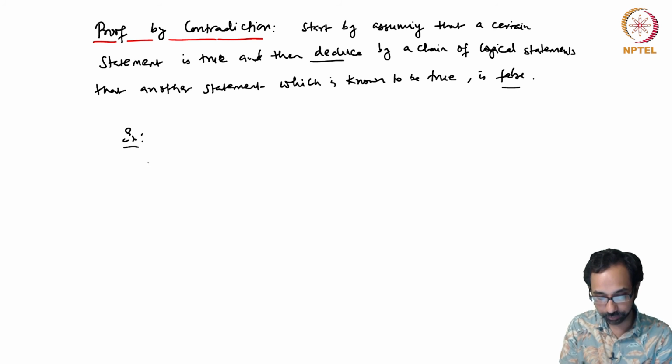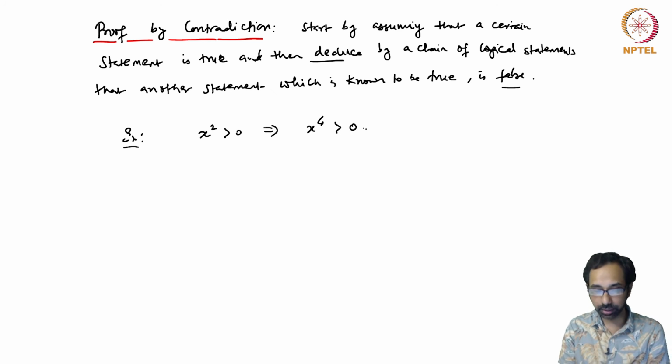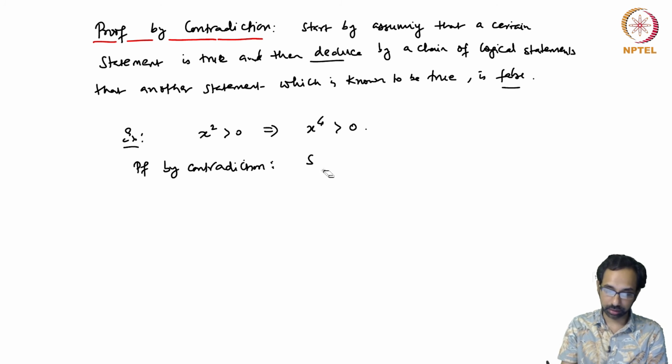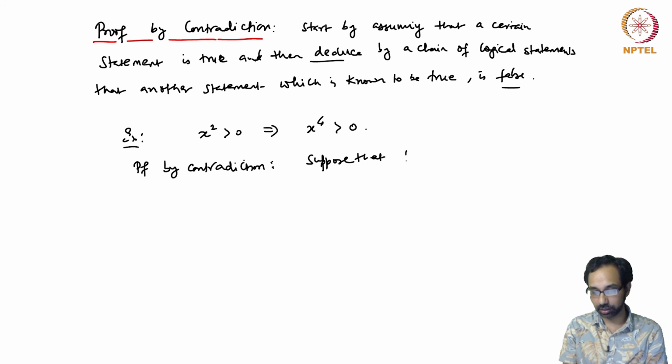So I'll take this same statement that I gave a proof for, and I'll prove it by contradiction. So the proof by contradiction: suppose that this statement is not true.